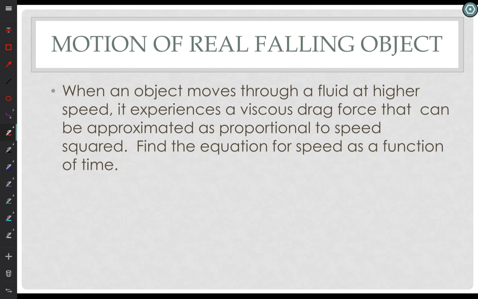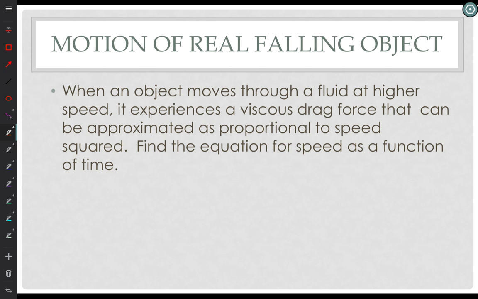All right, the same problem, but at higher speed. One that's actually applicable to a bullet. If you're shooting a bullet, it's going really fast, and the viscous drag force actually goes to a higher power. So we say it's more like the viscous force is dependent on v squared instead of on v.